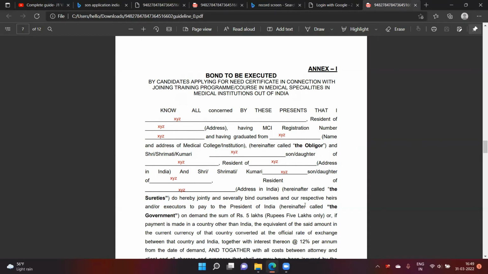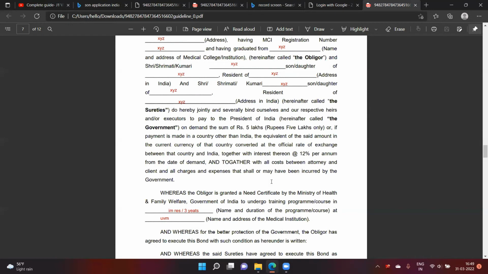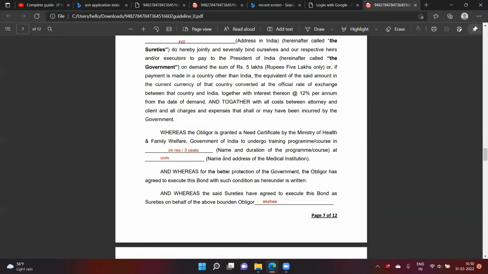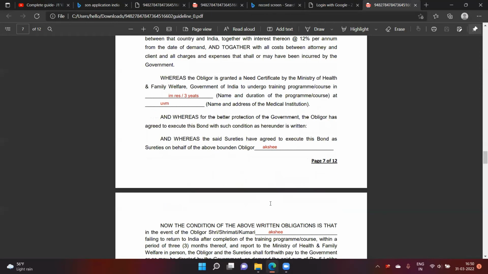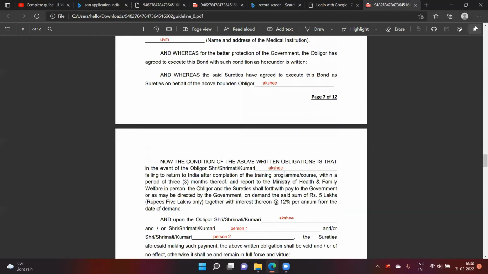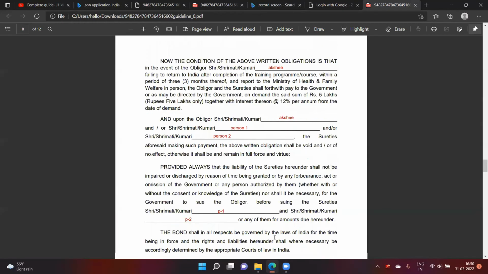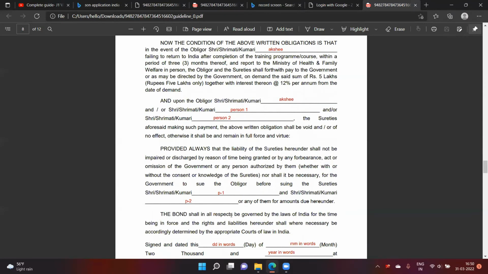Person 1, person 2. So then name and duration of the program, and also name and address of the medical institution. Obliger, your name. Obliger, your name again. Obliger again. Then person 1, person 2. Then again person 1, person 2.